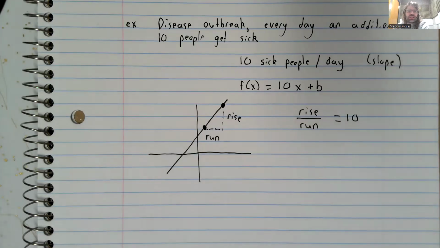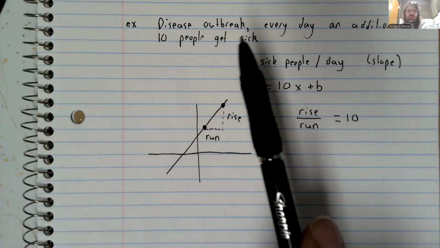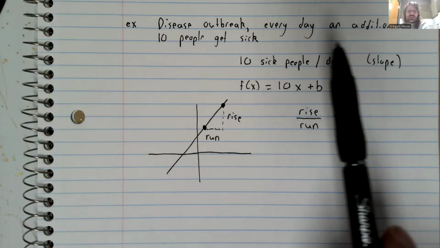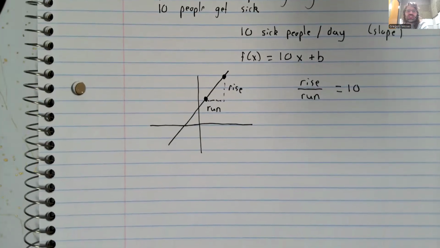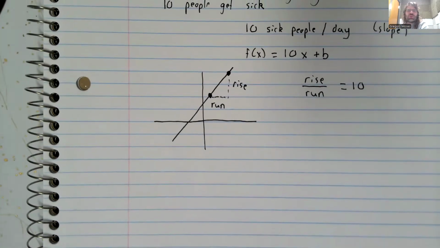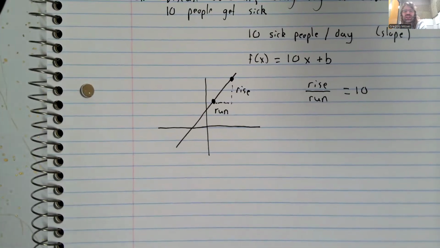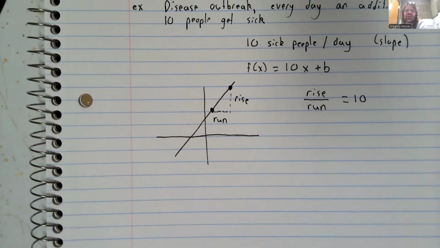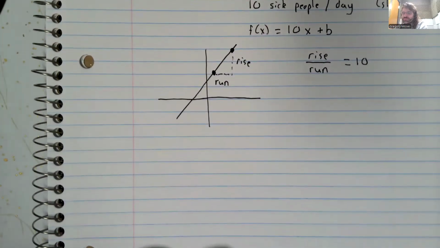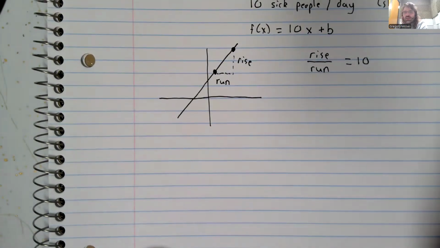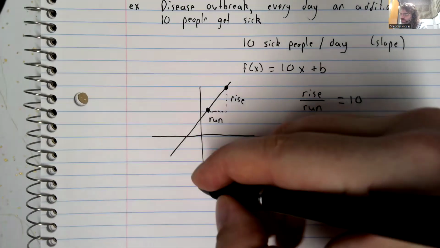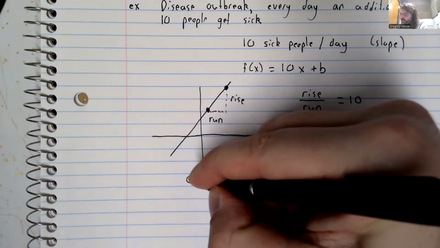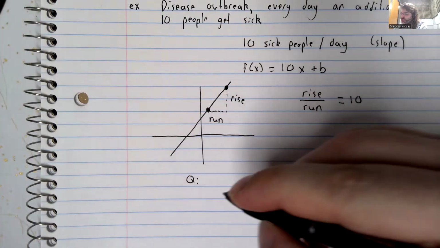Now, I've indicated that this example is probably unrealistic, at least for a lot of diseases. Speaking of disease, that's probably at least a little bit still in all of our minds. It's certainly unrealistic for COVID. But the point I'm trying to make here is that we can ask a question.